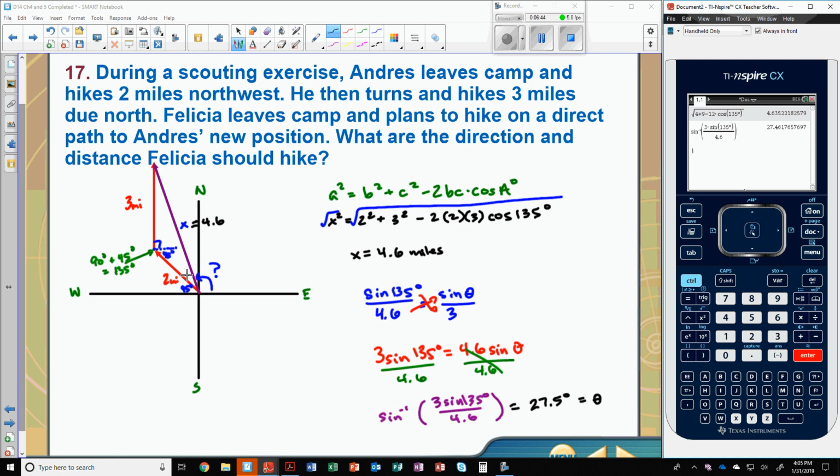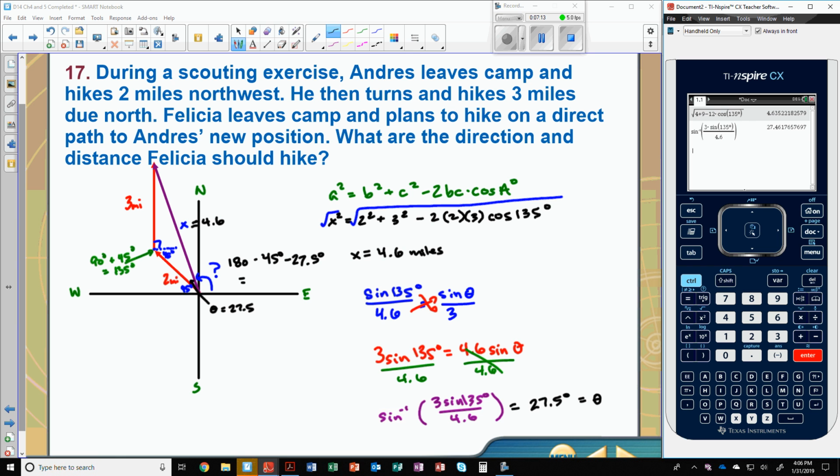So now that's that angle right there. This angle here is theta, which equals 27.5. Now if I want to know what this angle equals, since all those add up to 180, I'm going to take 180 and subtract 45 for right here, and then subtract 27.5 there, because all three of those angles should add to 180.